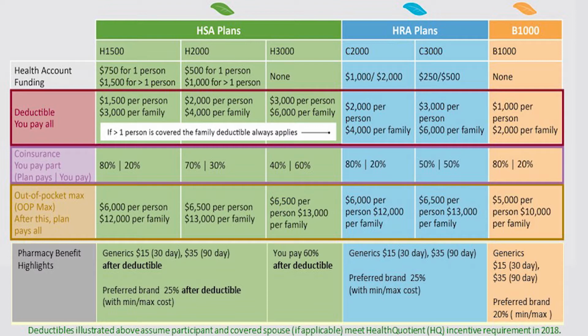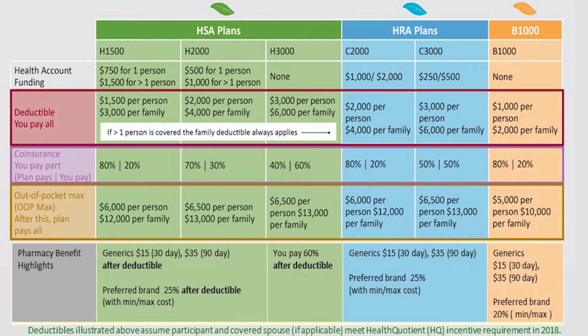All right, so we're going to drop down to the next box, the pinkish one here. Deductible, this is what you pay. So you want to look at that when you're making your determination of a plan. What is the deductible? And what I will also draw your attention to is you might just say, based on that, boy, I'm going to choose the B1000. That only has a $1,000 deductible. And that is true.